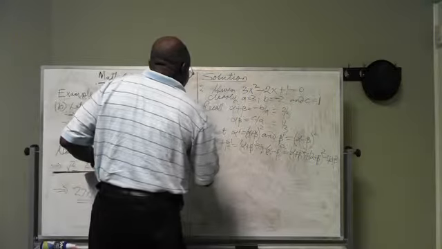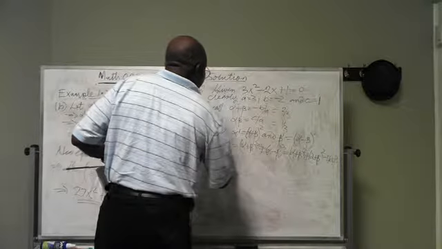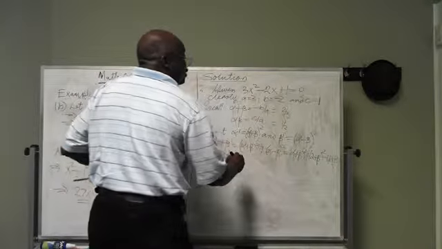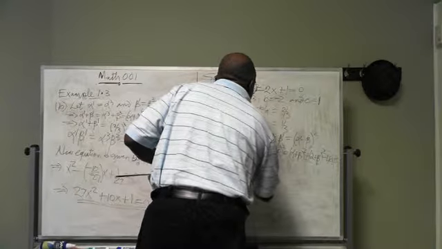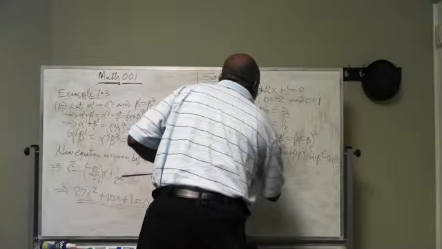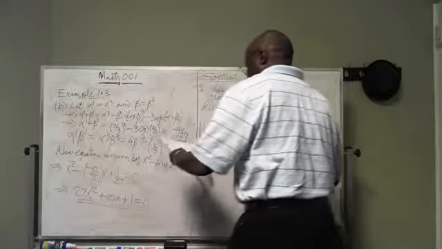On further simplification, we have alpha prime plus beta prime equals 2 into alpha plus beta all squared minus 4 alpha beta.